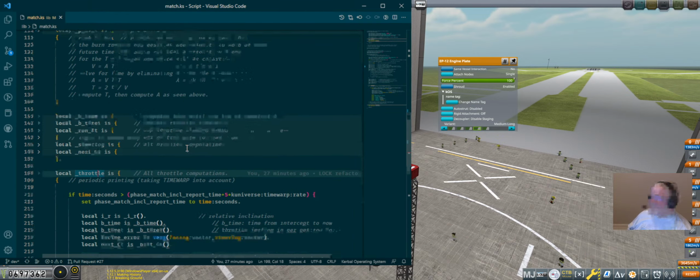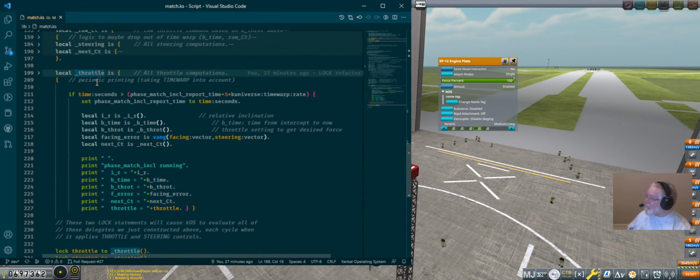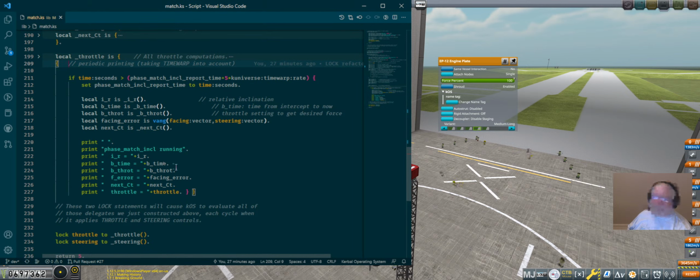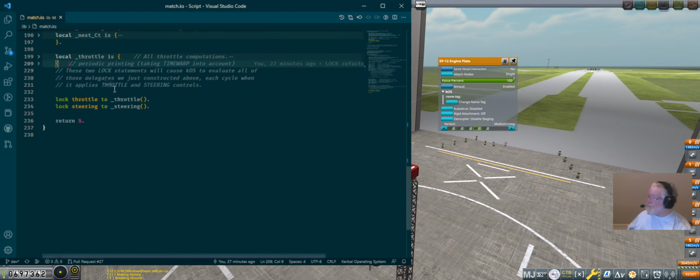This is a lot of code to look at. So now, this next block is just a periodic printing thing, which means every 5 seconds or so, and if I'm in time warp, I take that into account, I'm going to print out some interesting values to the console. And that's all for debugging, and I should have removed it. Get down to the bottom, and there we lock our throttle and our steering.